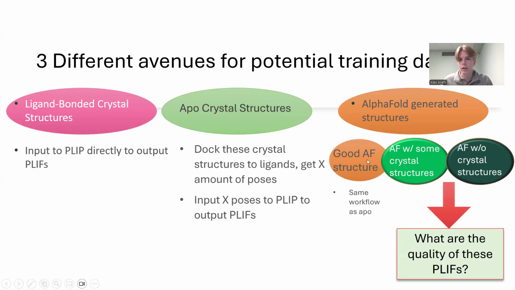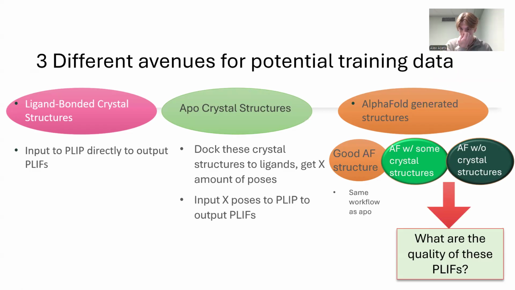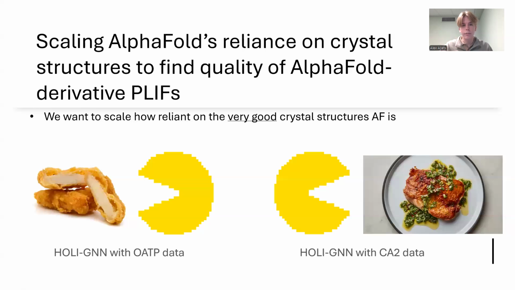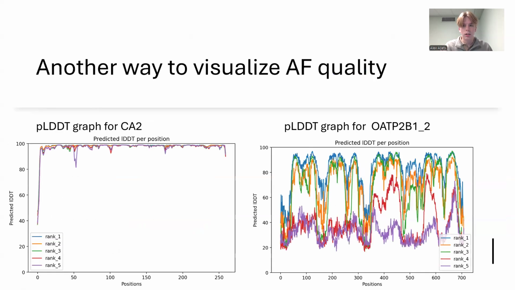We're also looking at the AlphaFold structure data, and eventually I'm going to look at qualities of them compared to different metrics. I am currently running the new OATP graph.